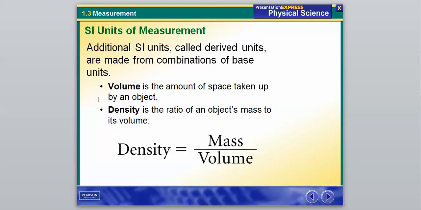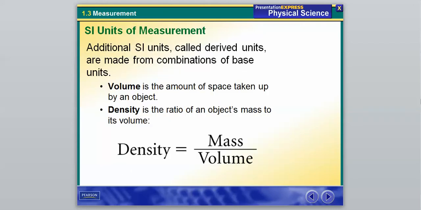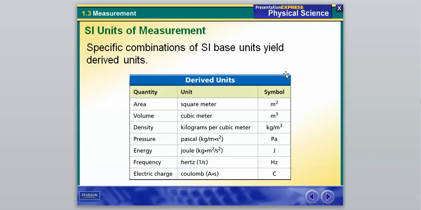Then we have derived units, which are made from combinations of our base units. For example, volume is the amount of space taken up by an object, and density is the ratio of an object's mass to its volume. We don't have a direct way to measure these, and they don't fall anywhere in these charts, but we use derived units, which come from our base units.